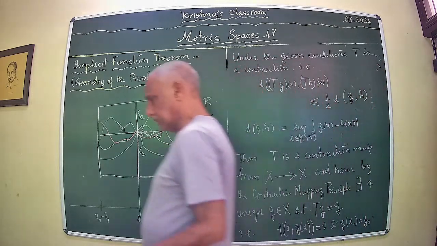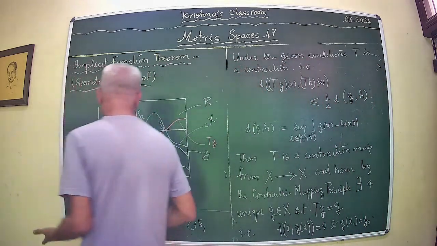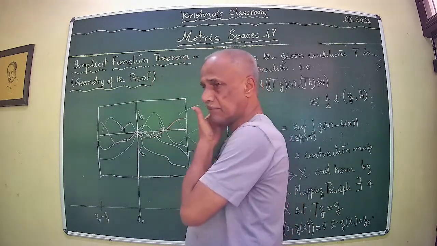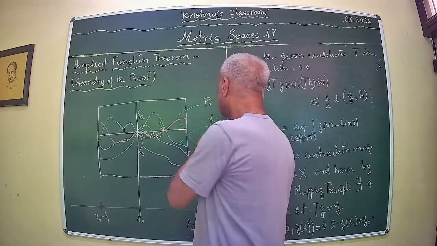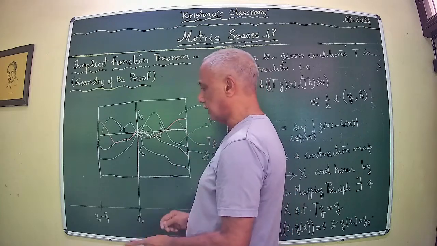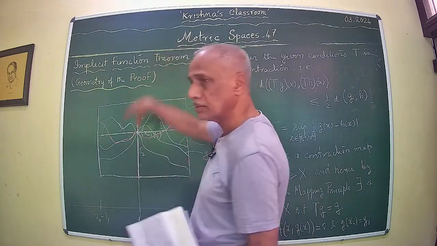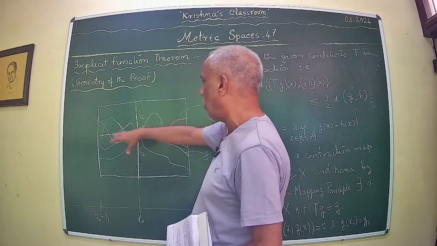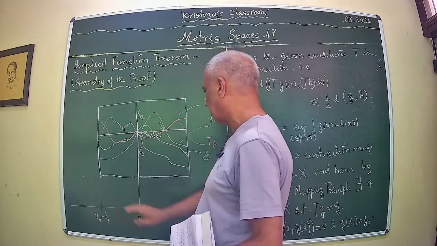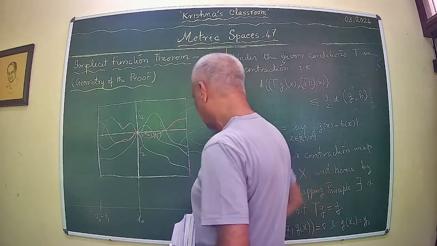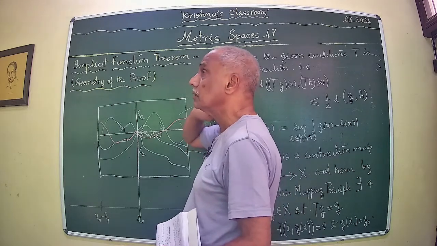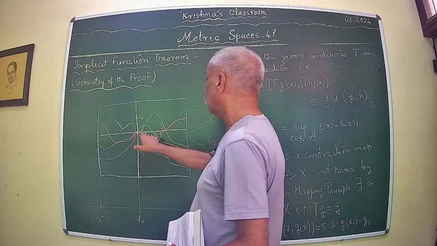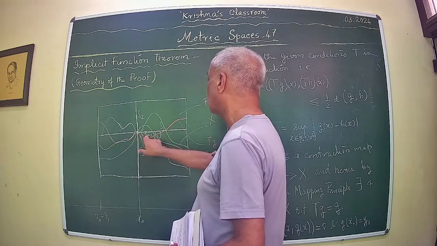So I think that gives the explanation. Actually, this picture or this graphic representation of X, and the objects on which the operator T is defined consists of all continuous functions on the interval x0 minus delta 1 to x0 plus delta 1, whose graph would pass through the point x0.